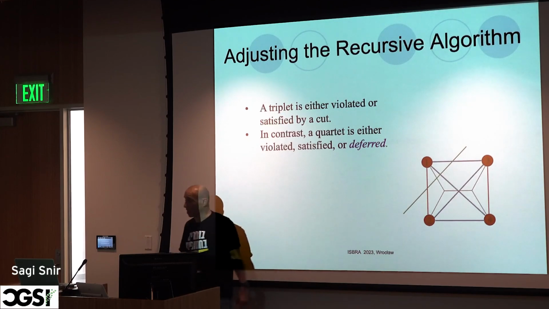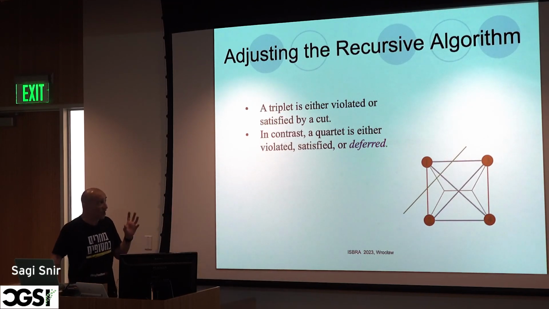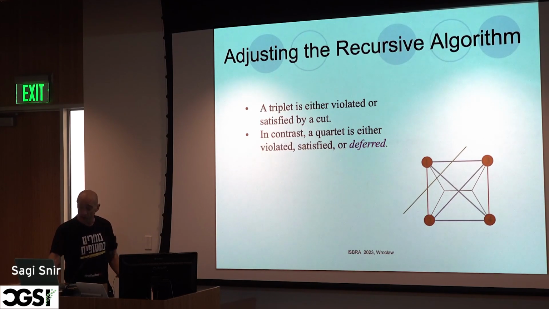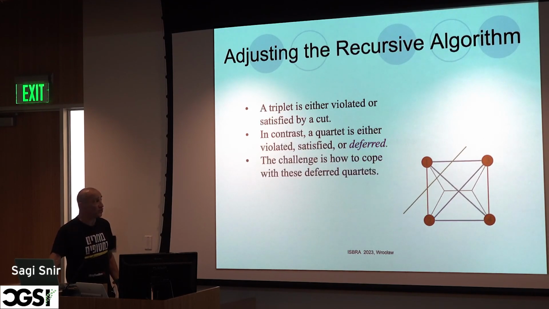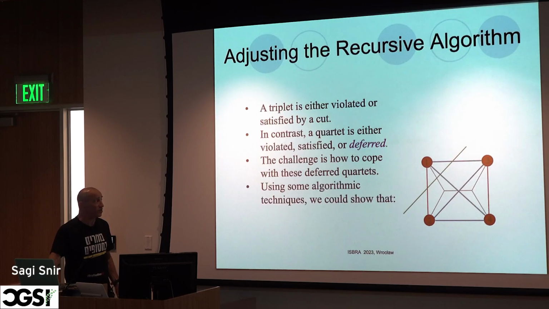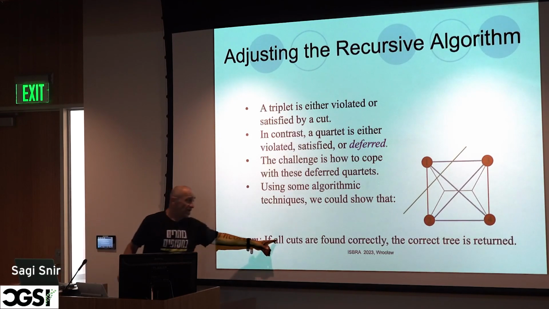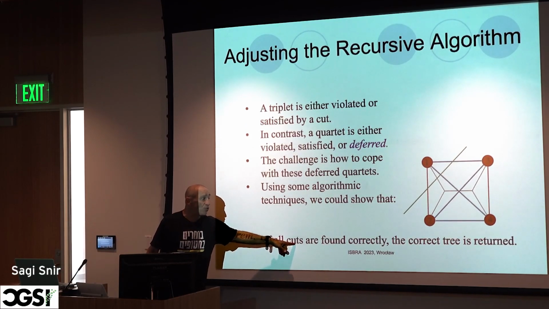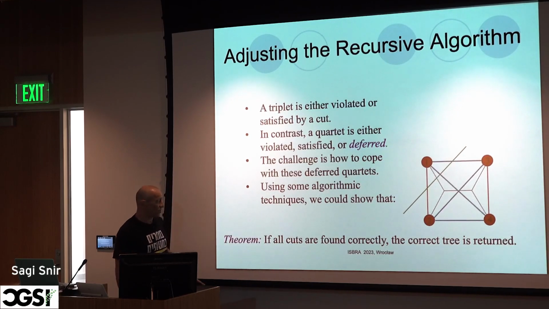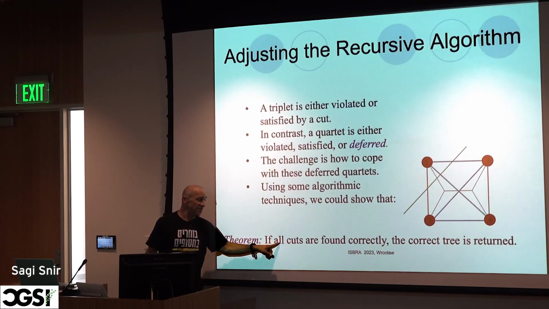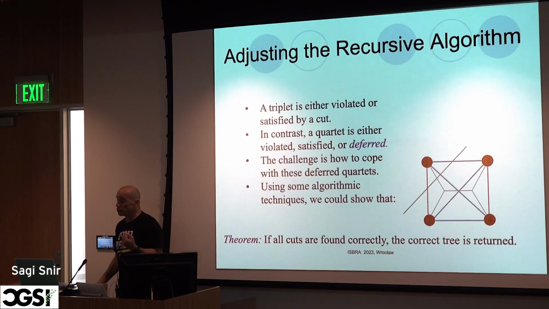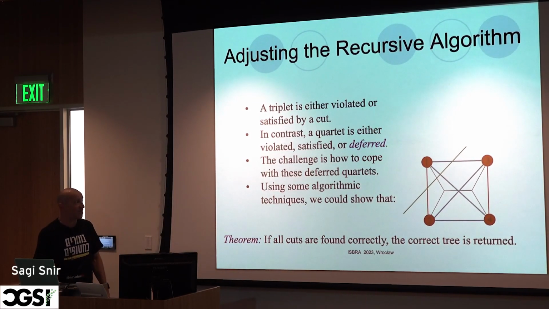And this gave rise to the challenge of how to remember these deferred quartets. The challenge is how to cope with these deferred quartets. And using some algorithmic techniques, we could show that if all cuts are found correctly, the correct tree is returned. But this is the if here, because we don't know how to find cuts correctly, and this is why, again, all this is still a heuristic.